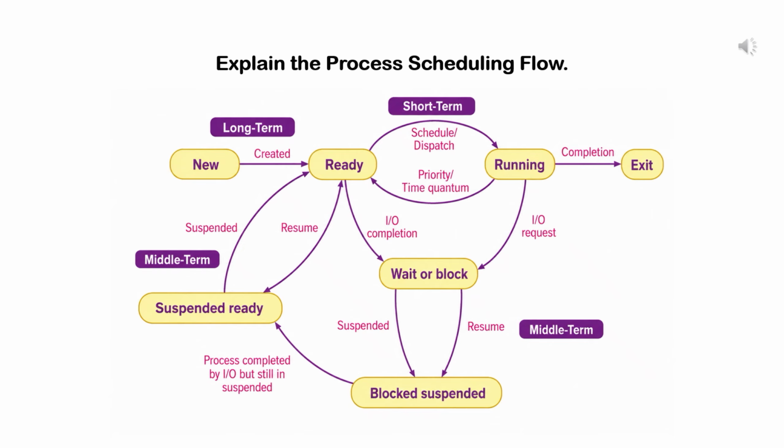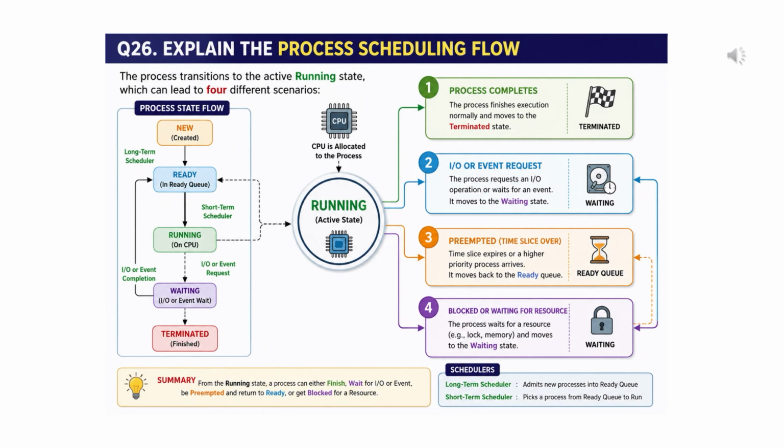That process begins execution and enters the running state. While running, several different situations may occur. Depending on what happens, the process either completes, requests an input-output operation, exhausts its time slice, or gets interrupted by a higher priority process. Let's discuss these situations one by one.